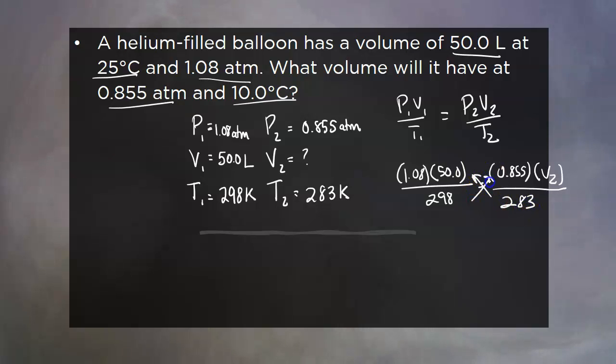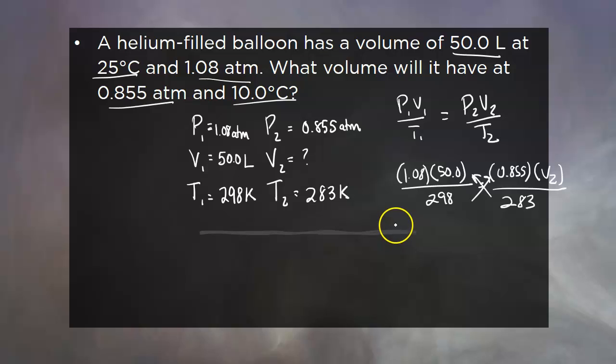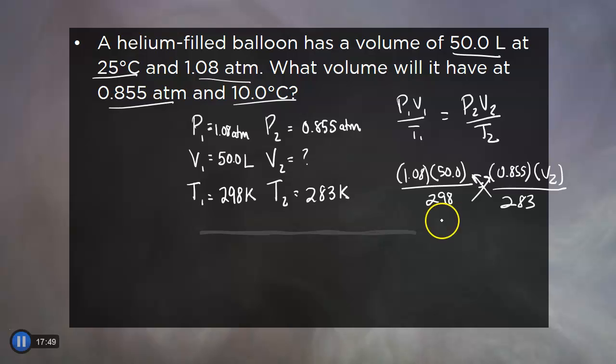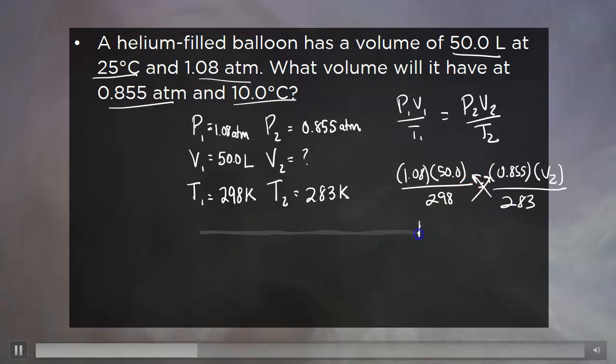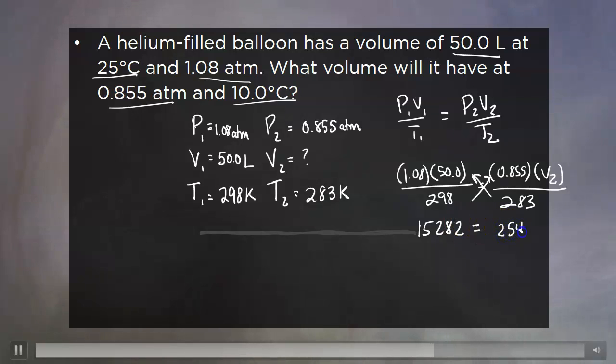I can cross multiply everything, and I get 283 times 1.08 times 50 comes to 15,282. And then I'm going to take 298 times 0.855, and I get 254.79 times V2 as well.